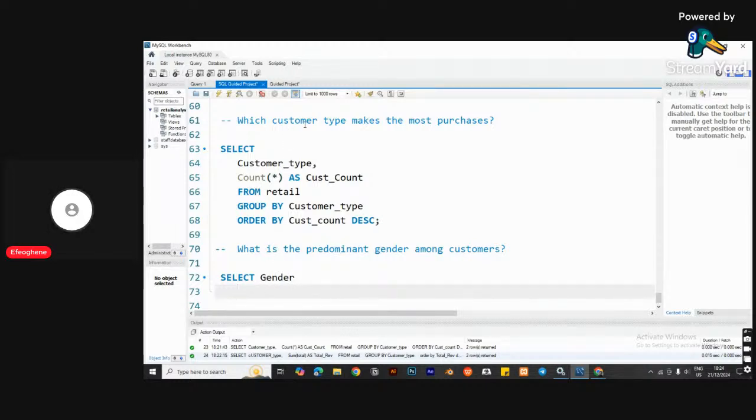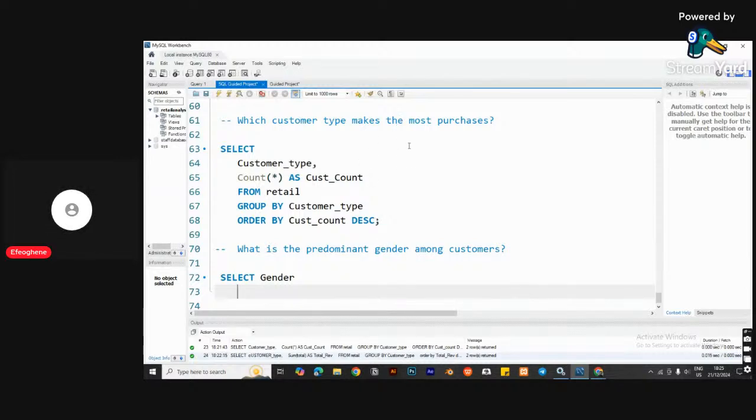It's the same thing as which customer type makes the most. We can still say among the customer gender, which is the most predominant. It's just tweaking. I just tweaked the question. Instead of saying what is the predominant gender, I can say which customer gender is the most predominant.